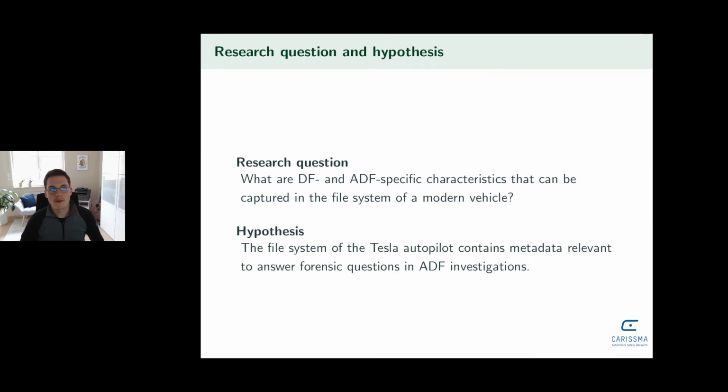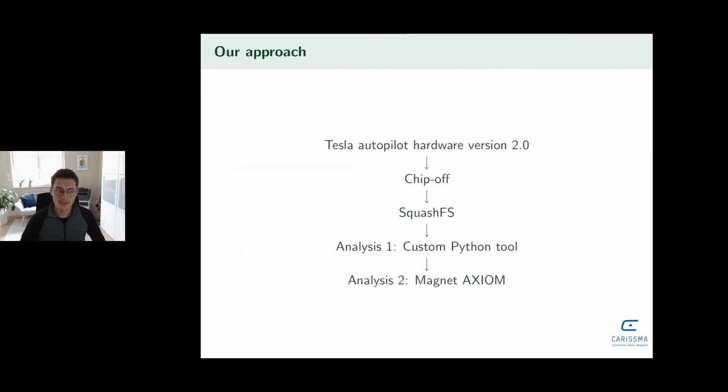Awesome. So now we have our research question and the hypothesis we want to prove or disprove. But first we need to collect the file system we want to look at. In order to do this, we present here our approach, which is that we look at a Tesla Model S from 2016, which has the Autopilot installed in hardware version 2.